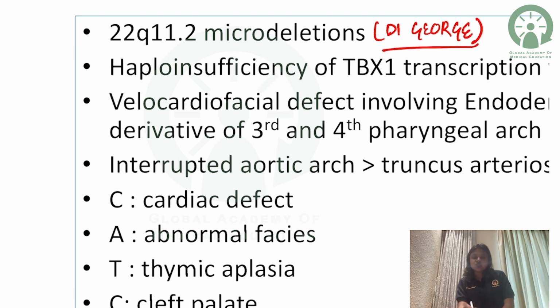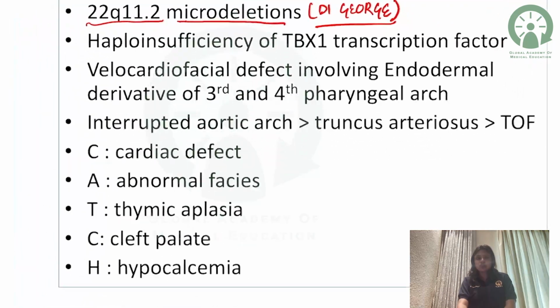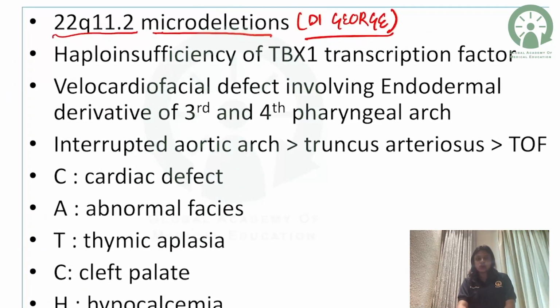First is chromosome, that is 22q11.2, and it is a microdeletion, again important, and it is because of haploinsufficiency of, so which transcription factor are we talking about? It is TBX1 transcription factor, and it's a velocardiofacial defect involving endodermal derivatives of third and fourth pharyngeal arches.